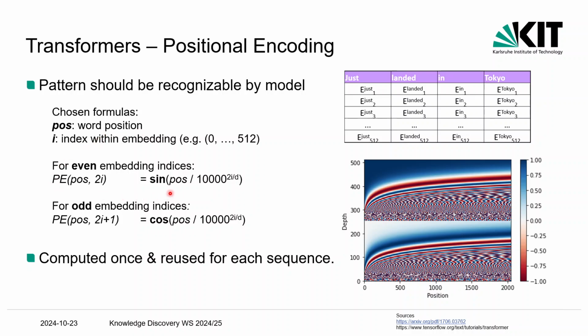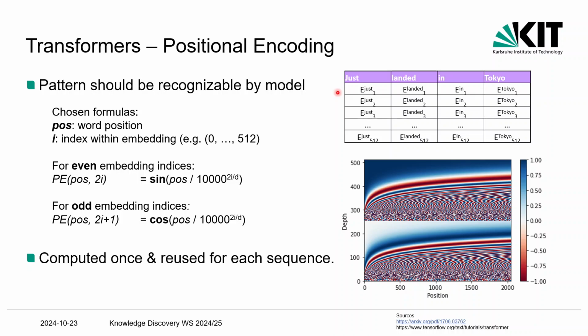And the idea is that we have here, for instance, the embedding for "just", and there we will go for every position of the embedding, and then compute either the sine or the cosine, depending on whether it's an even or an odd index. For the even indices, we use sine.